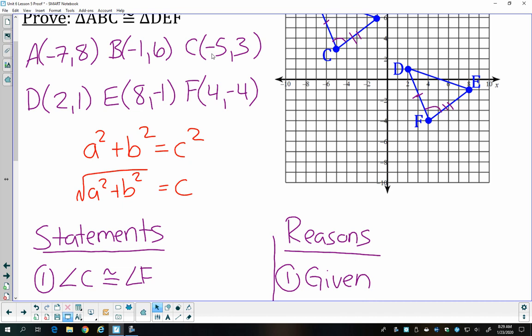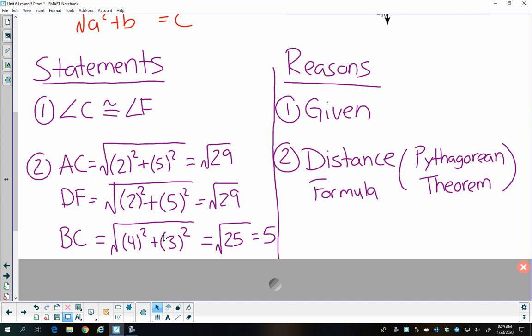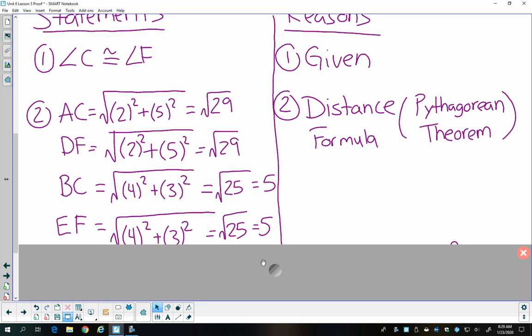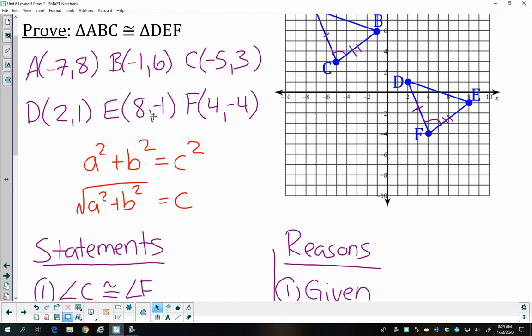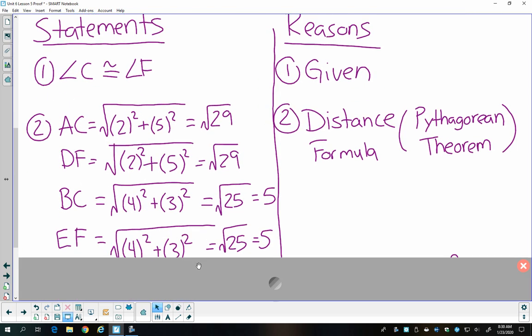The y values for B and C, 6 and 3, are 3 units apart. So I'm going to plug 4 and 3 in here and figure out that BC is 5 units long. For EF, the x values 8 and 4 are 4 units apart. -1 and -4 are 3 units apart. Plugging in 4 and 3 and getting 5 for EF.